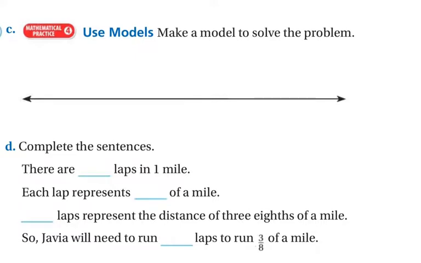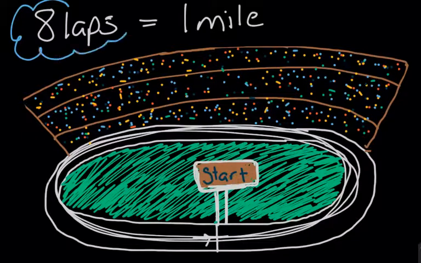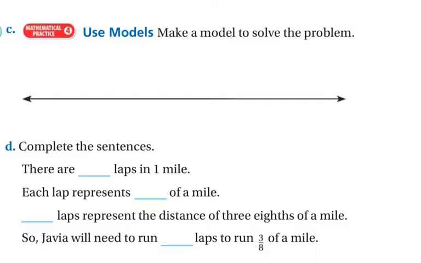Here we go. They graciously provided you a number line as well. So, there are how many laps in 1 mile? We just looked at that. We said that there are 8 laps in 1 mile. All right then. So a whole mile is over here. 1 whole mile.